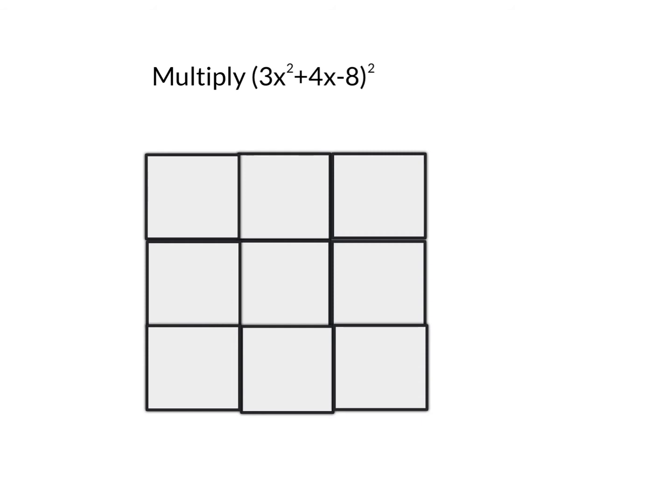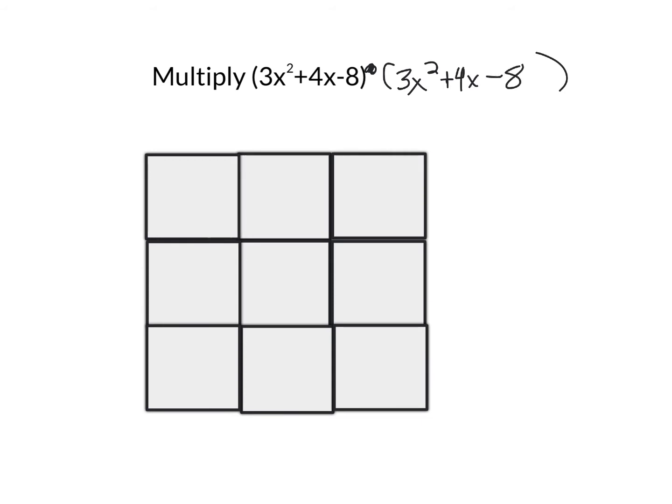Alright, now let's take a look at this beastly thing here. You notice the box got bigger because we're going to have more pieces here. Because we have 3x squared plus 4x minus 8 being squared, which means I'm going to get rid of that and just write this a second time. So 3x squared plus 4x minus 8.